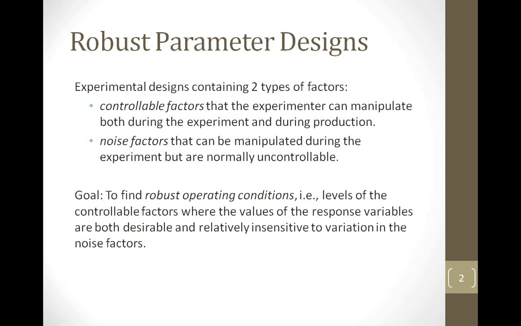And the whole idea, the goal, as you can see stated on this slide, is to find robust operating conditions. These are levels of the controllable factors that give you the desired value for the responses, but also make those response variables relatively insensitive to variation in the noise factors.